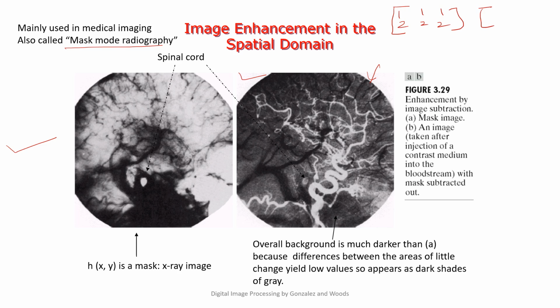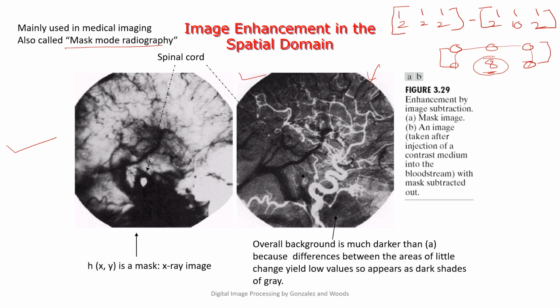After the change the pixel may be 10. Now if you subtract this, what will you get? You will get 0 0 0. Here it is 0. Here you will get 8, and this is 0. So only the change you will get, right? Remaining everything is 0. 0 is black. That's why the background becomes black, and only the change will be highlighted.